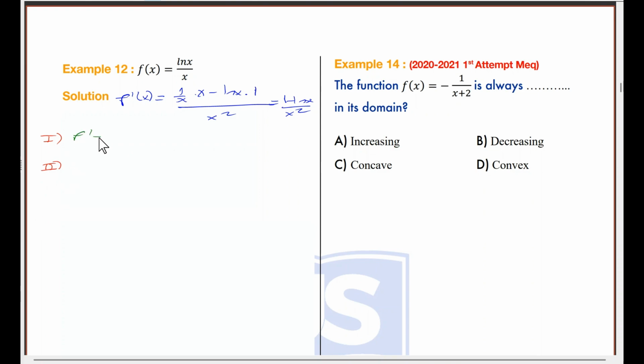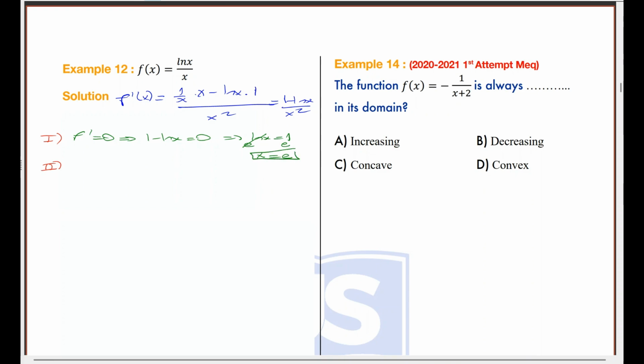The derivative being equal to 0 means the top is equal to 0, then ln x is 1. Then you exponentiate both sides by using the base of the logarithm, which is e, the ln goes, so x is equal to e.